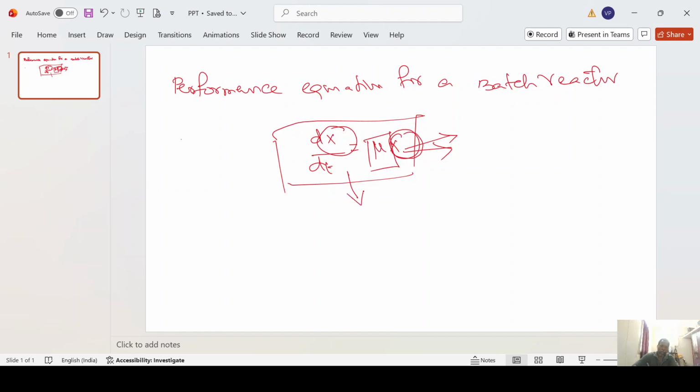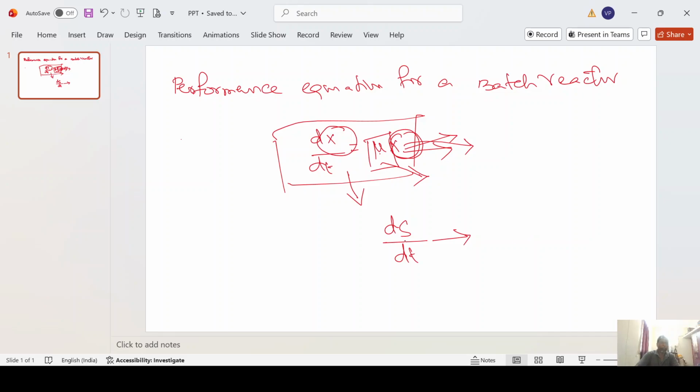We need to convert this biomass model in terms of a substrate model, that is a differential equation in terms of ds by dt, substituting the model for the specific growth rate and the model for the biomass. Then when we apply the boundary conditions, we get a model for a batch reactor. Let us do it one by one.